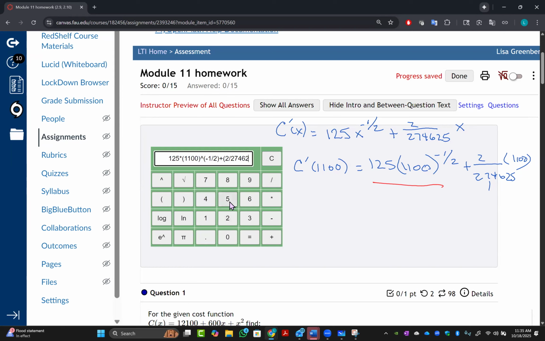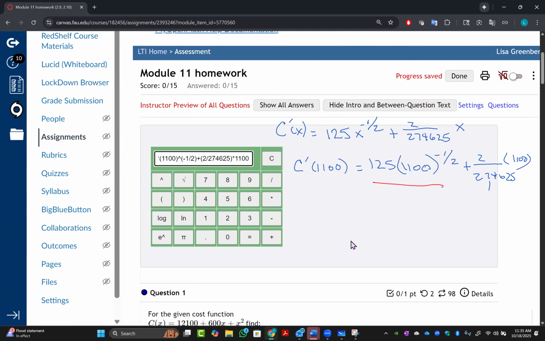625. Remember I said we have to put that in a fraction, and then we're going to multiply that by 1100. So I can do it like that, which is pretty much exactly what I have here, right?